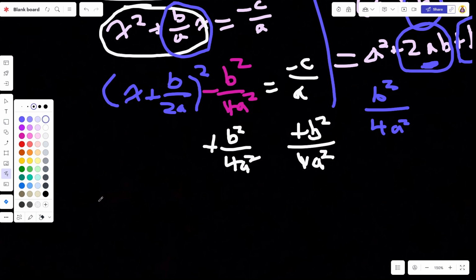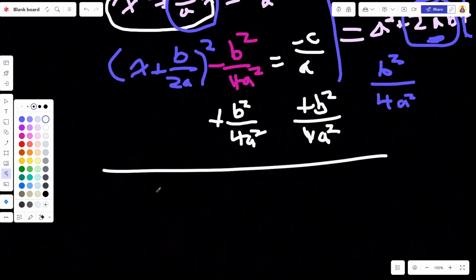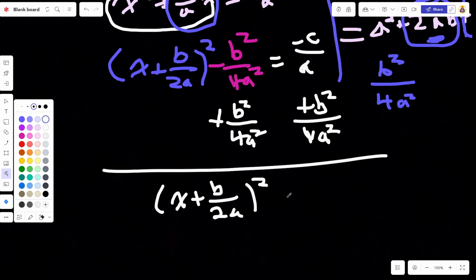So finally we're left with x plus b over 2a squared is equal to negative c over a plus b squared over 4a squared.